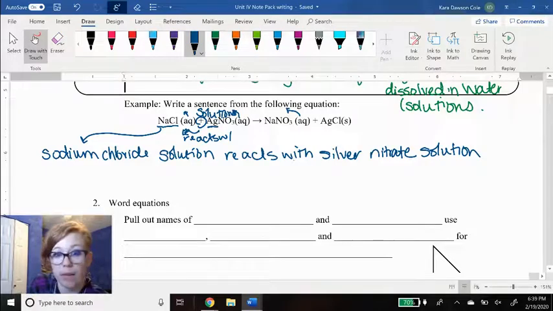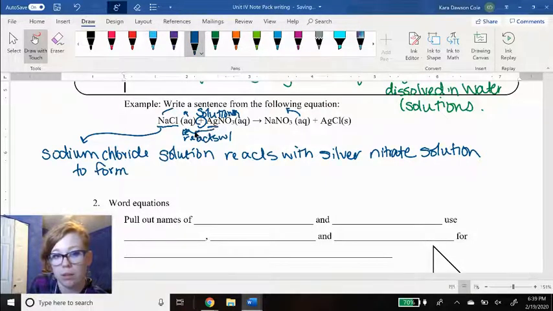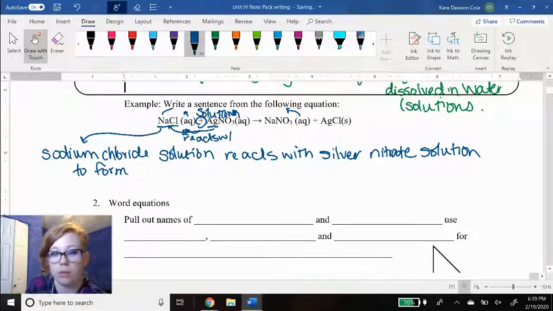So it reacts with to form. Notice what's happening here: sodium and silver are replacing each other. So I've got sodium nitrate and silver chloride. The names aren't really changing that much.